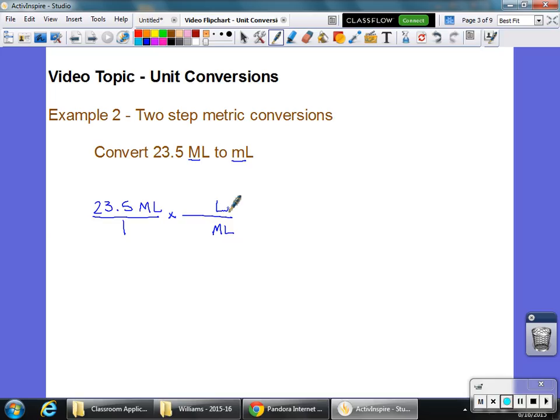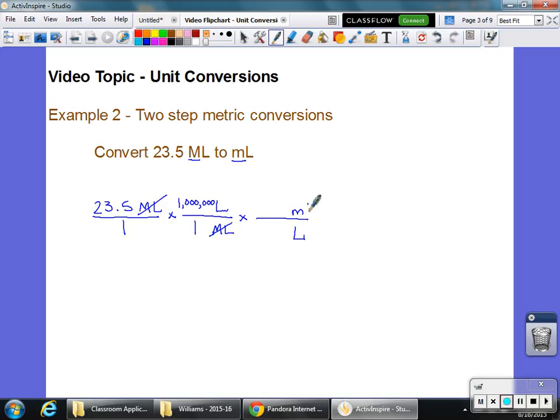Since megaliters is bigger, that will get the value of 1, and we know that there's 1 million liters in a megaliter. Megaliters cancel. That does not get us to where our final answer needs to be, though. Our final answer must be in milliliters, so we're going to go with another step. Since liters is in our numerator, liters have to go in our denominator of the following conversion factor.